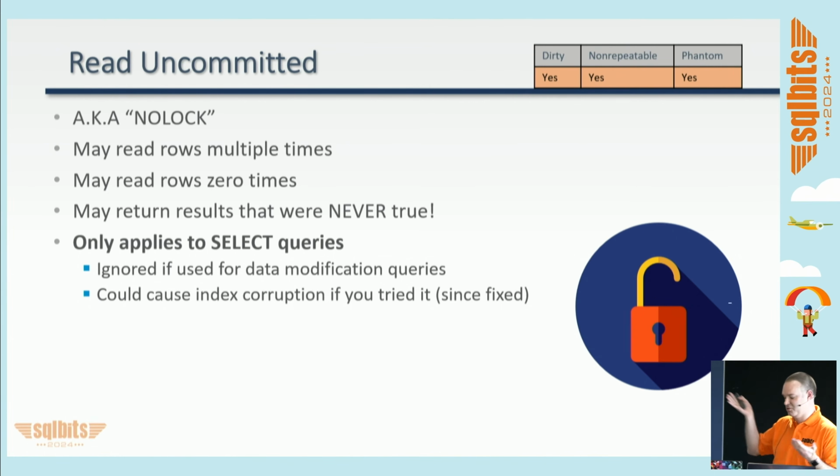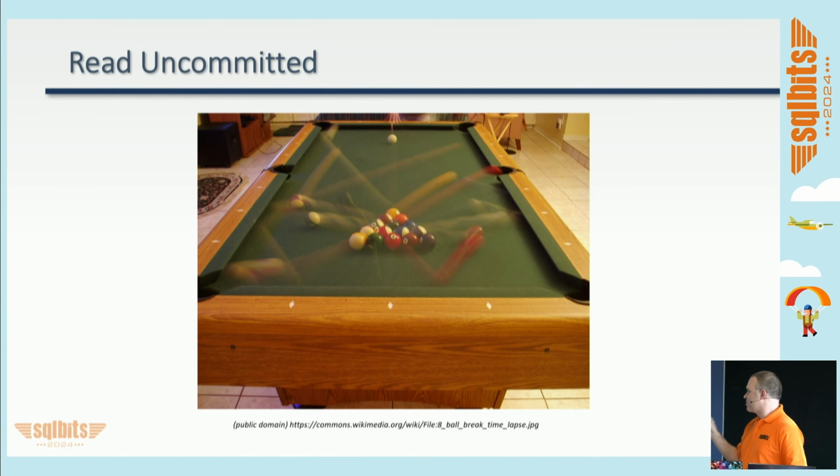Okay, well, it's doing nothing here. So I wanted to try to explain no lock in a picture, and what I came up with was a time-lapse picture, right? The shutter on this camera was open over a period of several seconds, and we have the pool balls are both racked and flying around the table because someone broke in pool while the shutter was open. What you're seeing here in this picture never actually happened at any point in time, right?